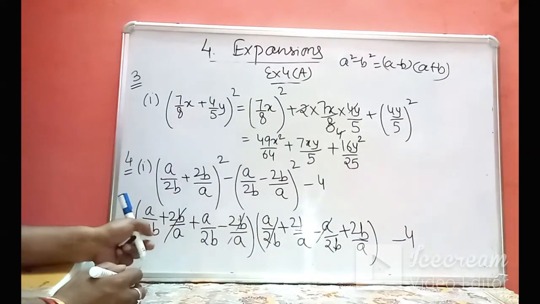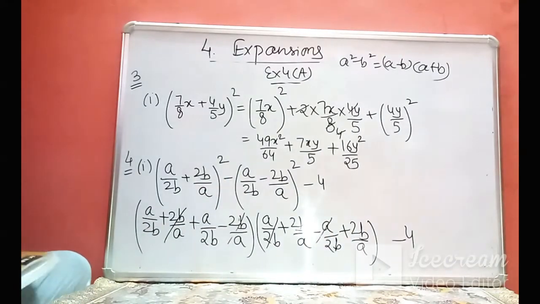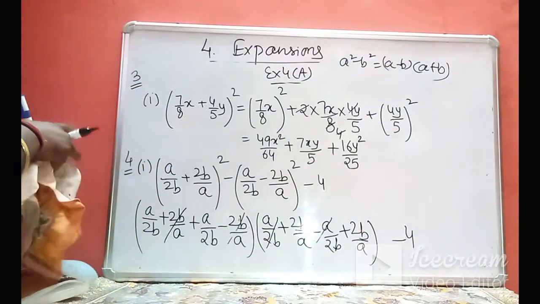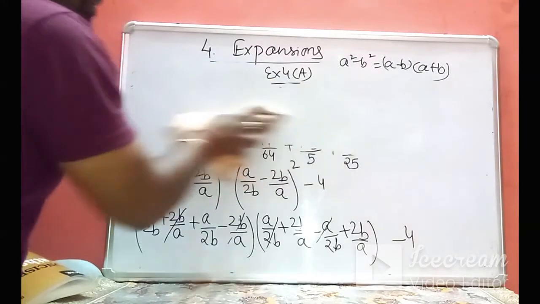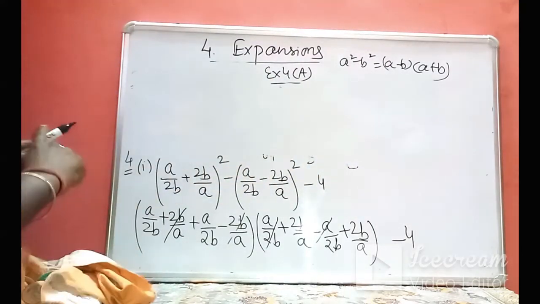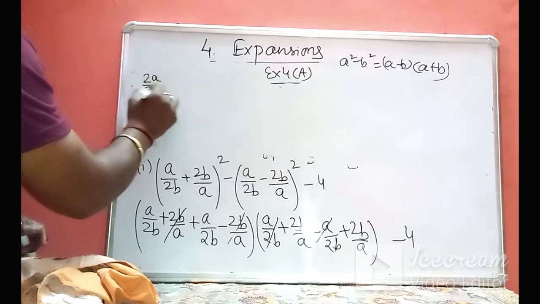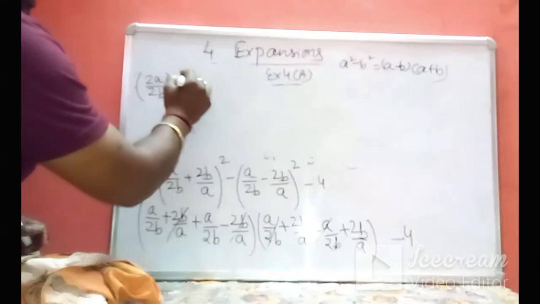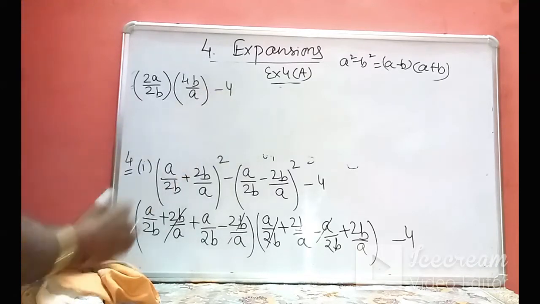So what is our final answer? Finally what I will get? I will get 2a upon 2b, then 4b upon a, minus 4.